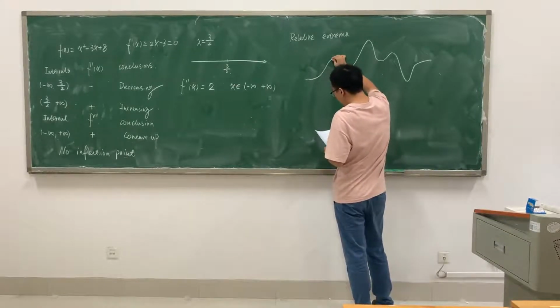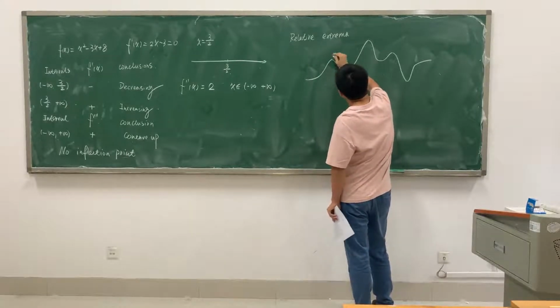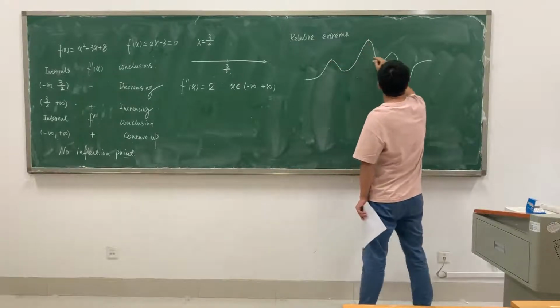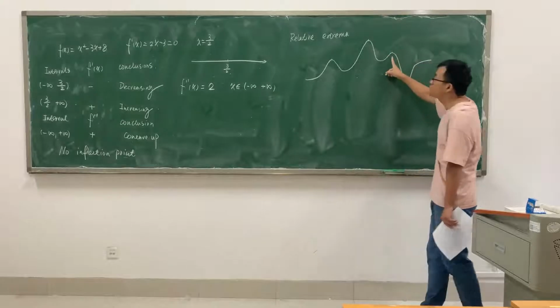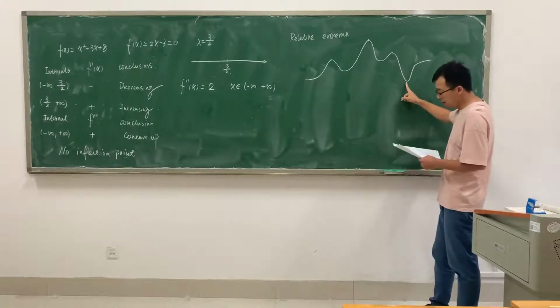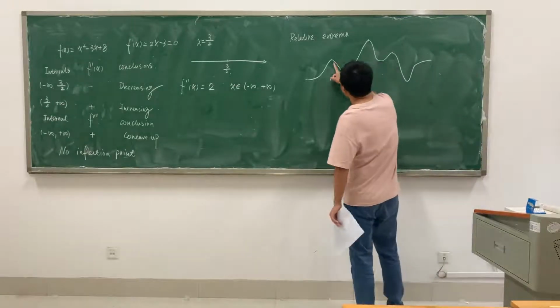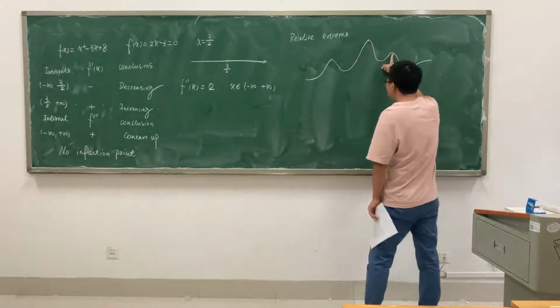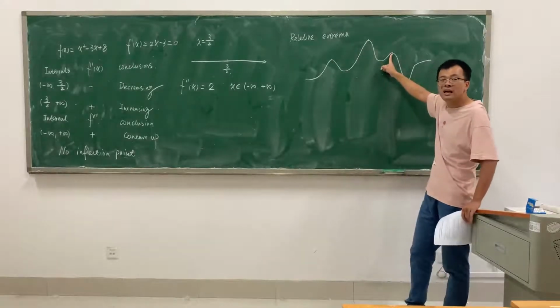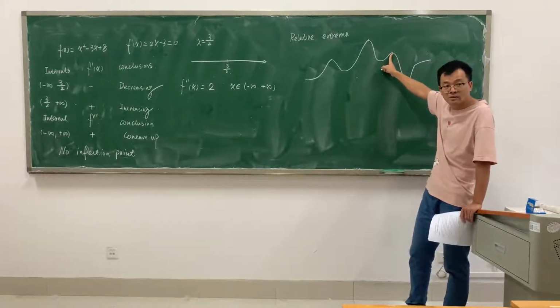For this point, the first point, the second point, and here it's the tops, and here the tops of the hills, for these 3 points, the first, the second, the third.